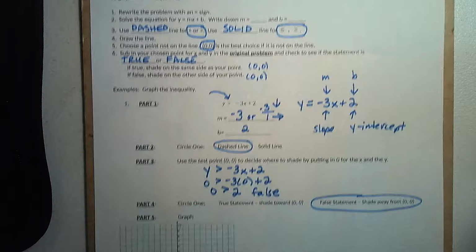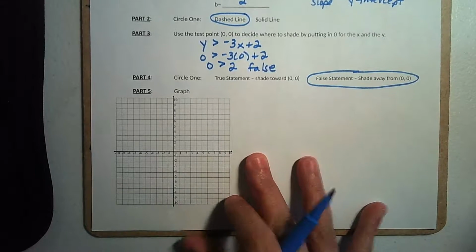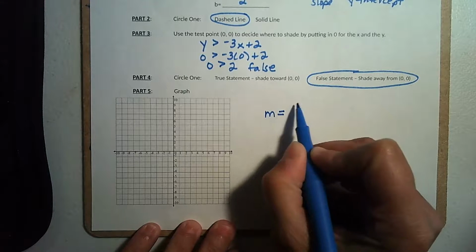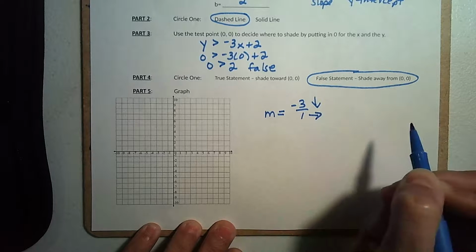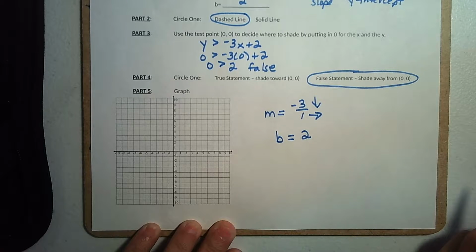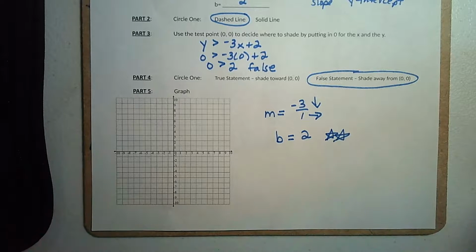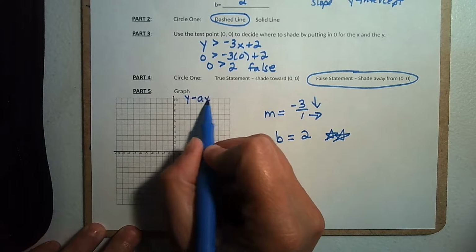So I'm going to move this up so you can see the grid. And remember that our m was -3 over 1. And the b was 2. We always start graphing on the y-axis.